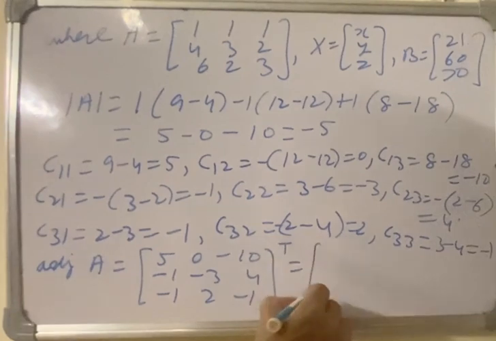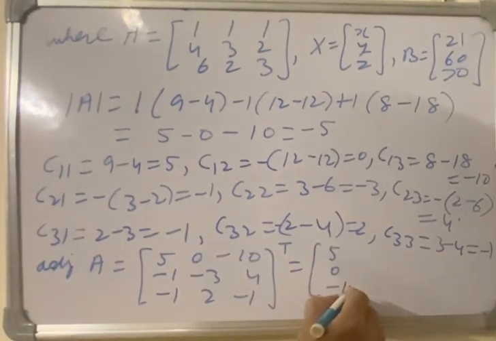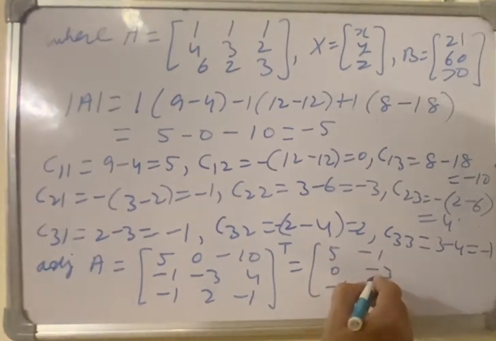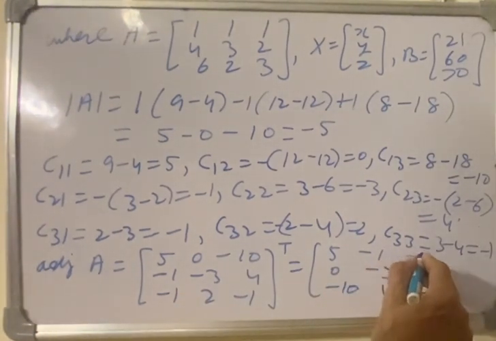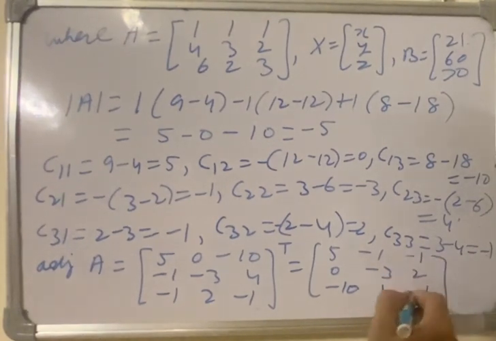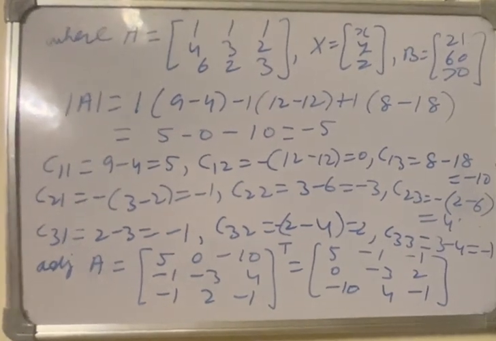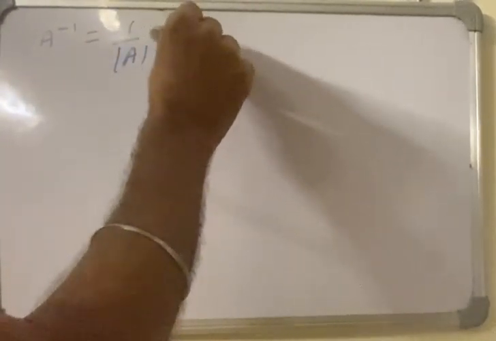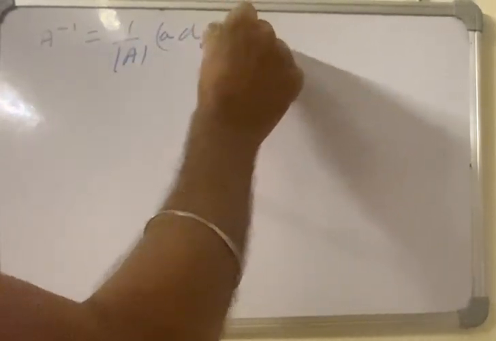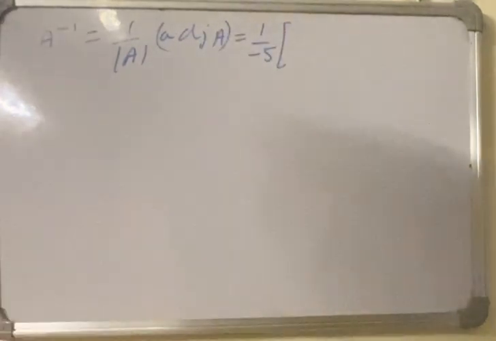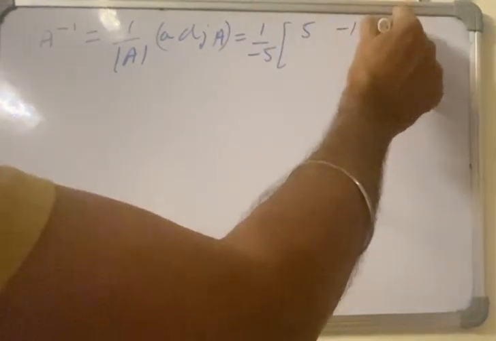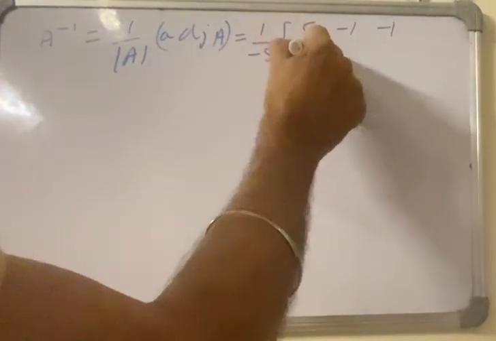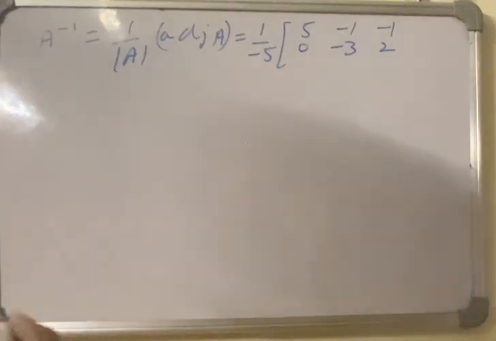Transpose: first row will be first column 5, 0, minus 10... so the adjoint has rows 5, minus 1, minus 1, then 0, minus 3, 2, and minus 10, 4, minus 1. So A inverse is 1 over determinant A into adjoint of A, that is 1 over minus 5 into the adjoint matrix 5, minus 1, minus 1, 0, minus 3, 2, minus 10, 4, minus 1.